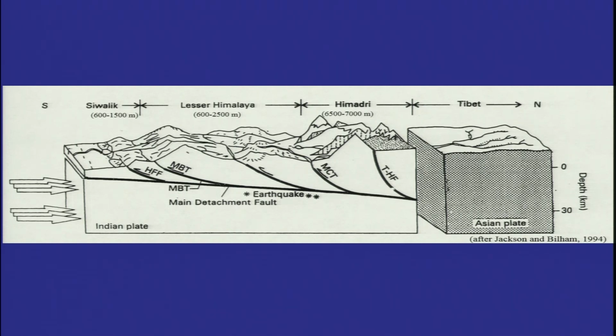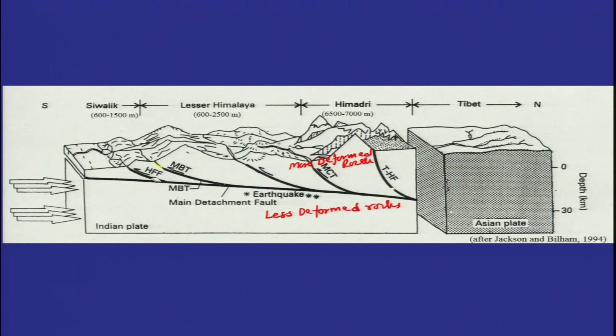Now, if you look at the example from the Himalayan region, we have a very similar structure. We have the low angle contact between the less deformed rocks, and then we have more deformed rocks, and along with that we again have similar features.